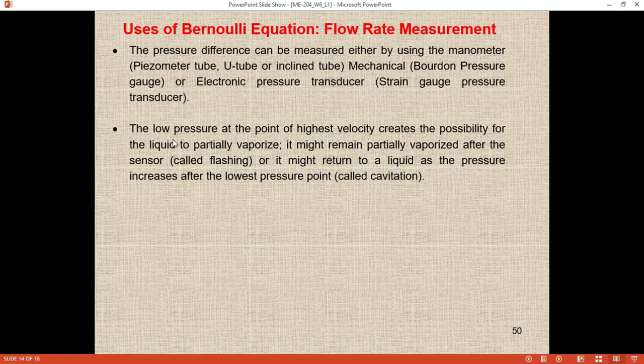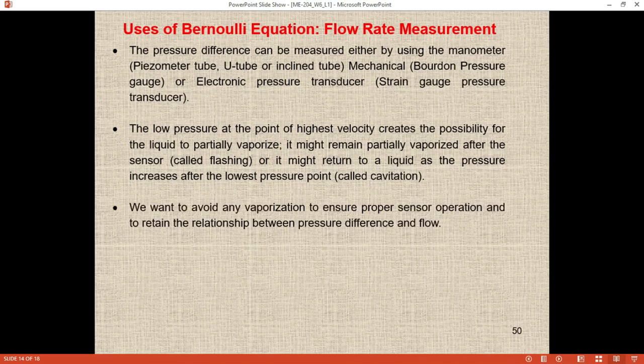There is another important point. The low pressure at the point of highest velocity creates the possibility for the liquid to partially vaporize. It might remain partially vaporized after the sensor, called flashing, or it might return to the liquid as the pressure increases after the lowest pressure point, called cavitation. We will discuss this later in detail.